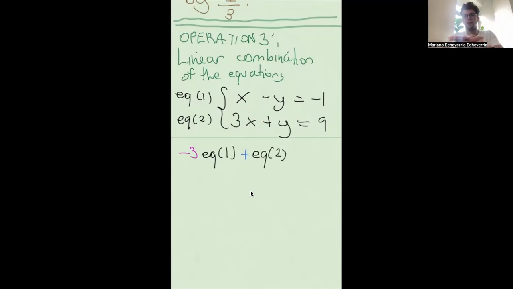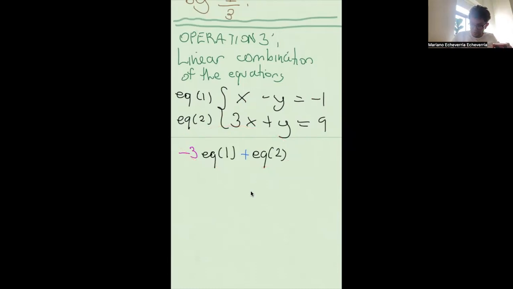Okay. And the point is that you want to preserve the number of equations. So since this system had 2 equations, after doing this, I want 2 equations as well. So you have to decide which equation you are going to keep. What we're going to do is use this as a replacement for equation 2.